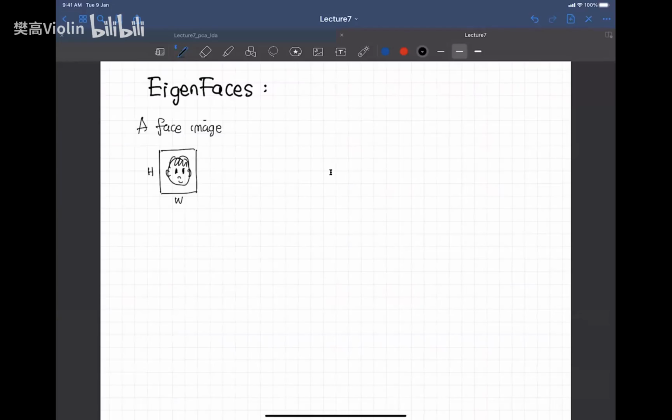And then you have to do factorization, which means that you have to transform this into a vector. This vector has the dimensionality of D by 1, where D equals W multiplied by H.